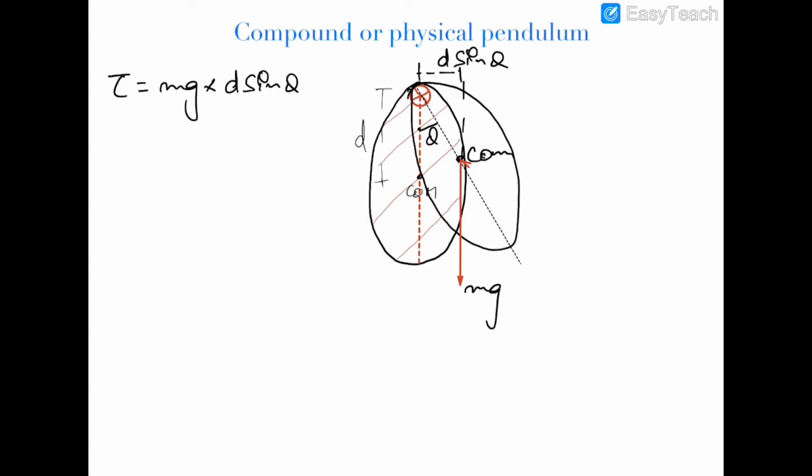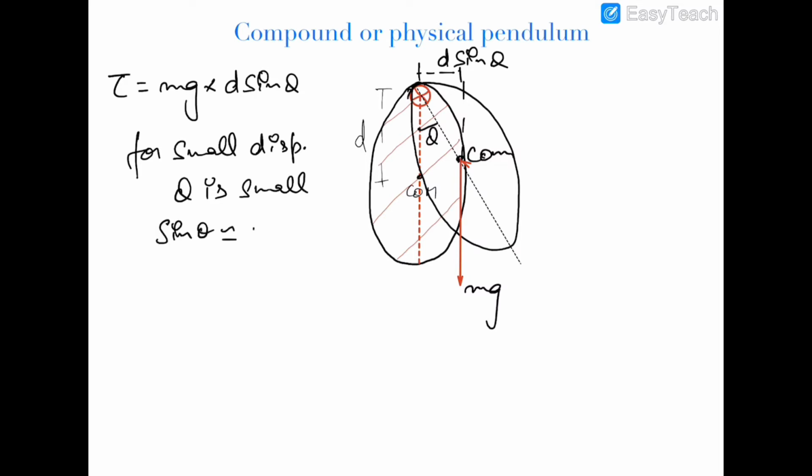Now for small displacement, theta is small, and if theta is small, sine theta is approximately equal to theta. So torque will be equal to mg d theta. Now this torque is equal to I alpha, where I is the moment of inertia of this physical pendulum about the hinge point.